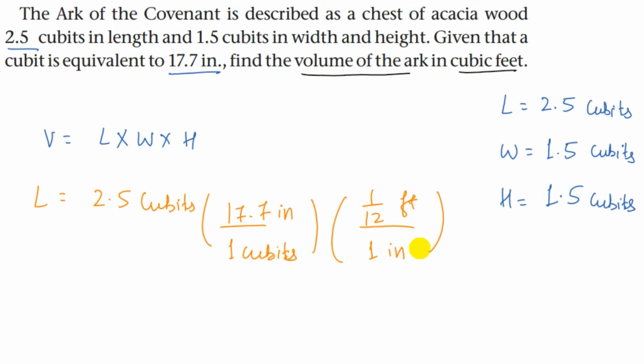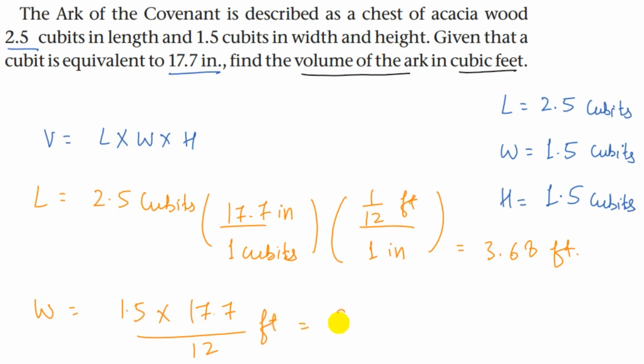Now the length in feet is nearly 3.68 feet. In the same fashion, we can convert the unit for width and height. So W would be 1.5 multiplied by 17.7 divided by 12 feet, which is nearly 2.21 feet.